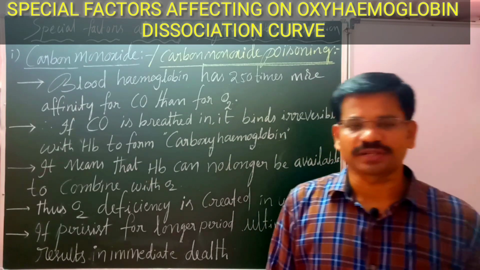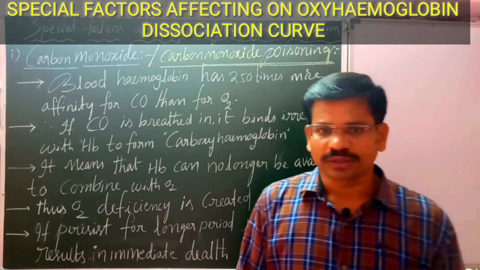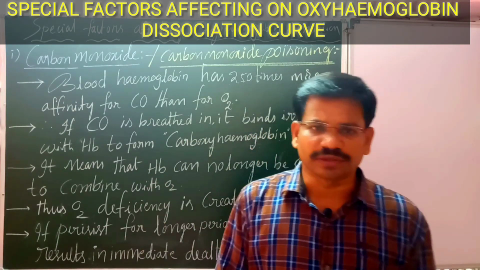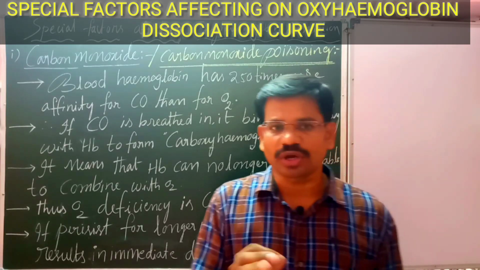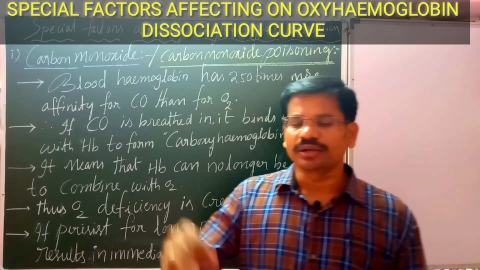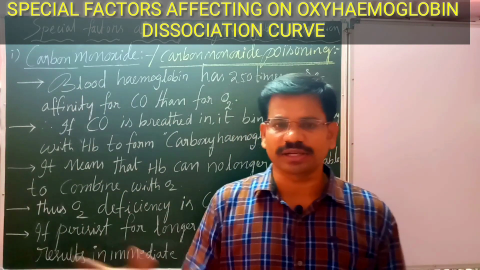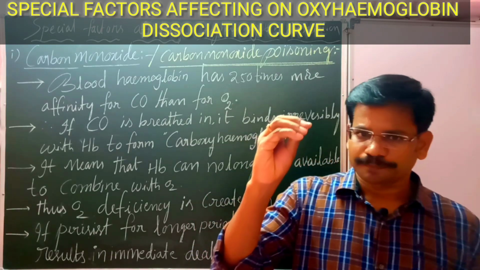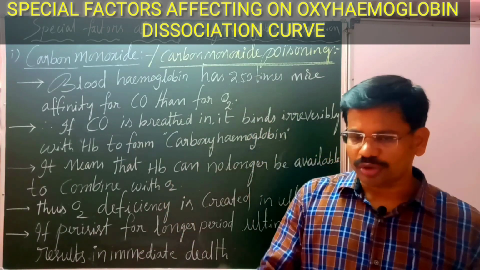We discussed the relation between oxygen and hemoglobin, that is, how oxygen reacts with hemoglobin to form oxyhemoglobin, and it is a reversible process. After reaching the cells, the oxygen is immediately dissociated from the hemoglobin.